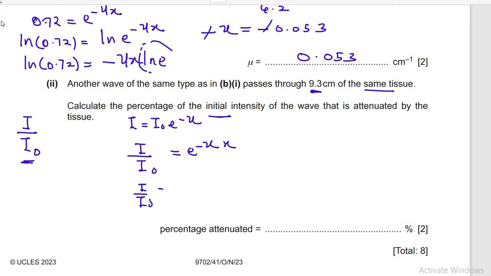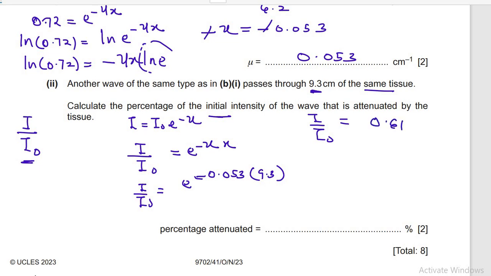Since it's the same tissue, they have the same mu, 0.053. X is now 9.3 centimeters. So I over I naught gives us e to the negative of 0.053 times 9.3.